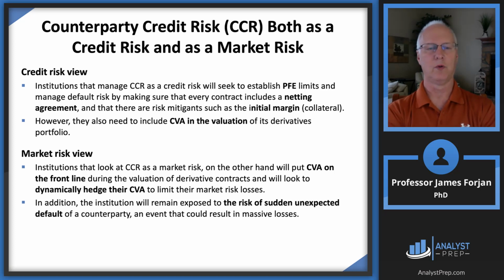Why don't you put up some collateral? Why don't we make certain that we have these netting agreements? So we have all this stuff here. But if we ignore the credit value adjustment in the determination of the present value of all those cash flows, then you or I are probably going to have some kind of balance sheet surprise.